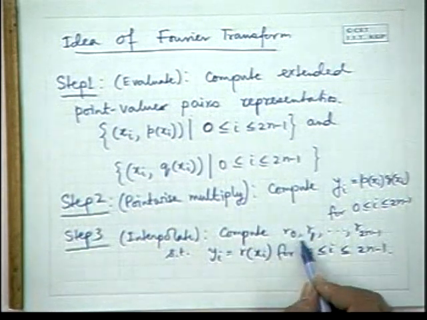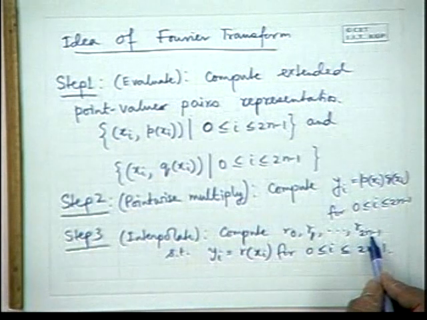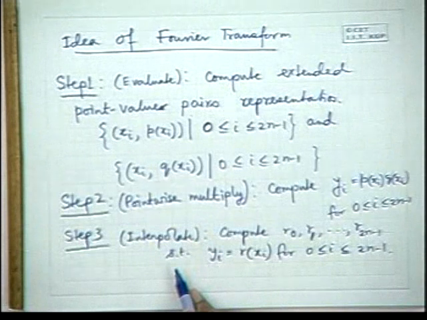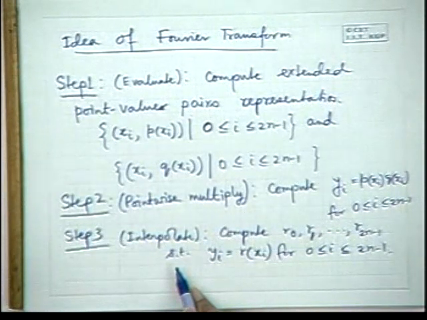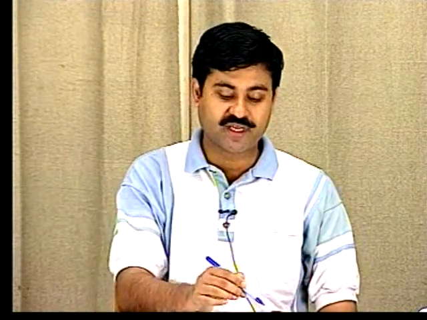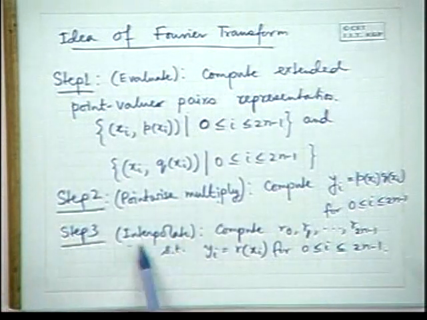Once we compute these 2n coefficients, then we have got the resulting polynomial. Okay, so these are the major 3 steps: evaluate, pointwise multiply, and then interpolate.